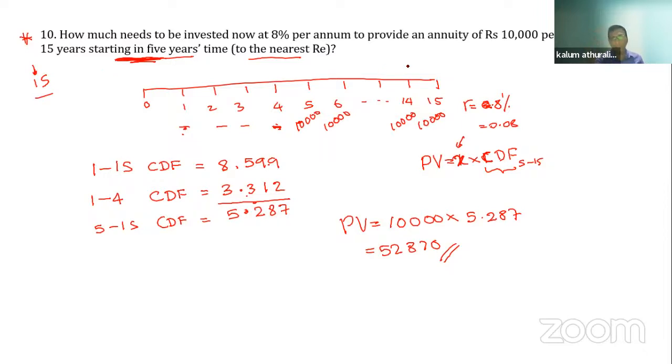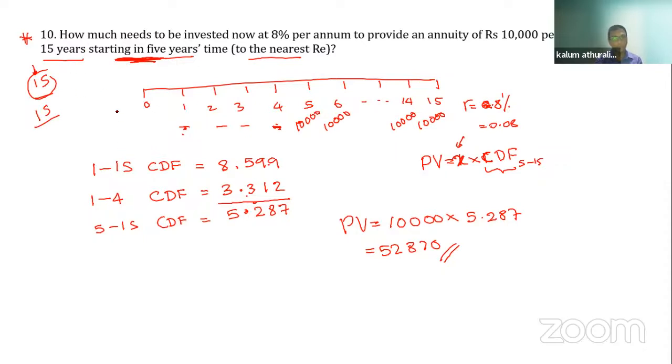But here it is mentioned annuity for 15 years, not the 15th year. Can I get it back? But it is 15 years.